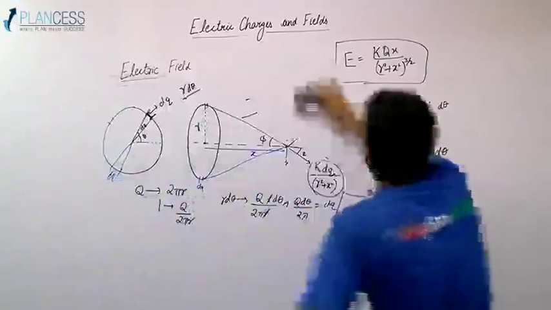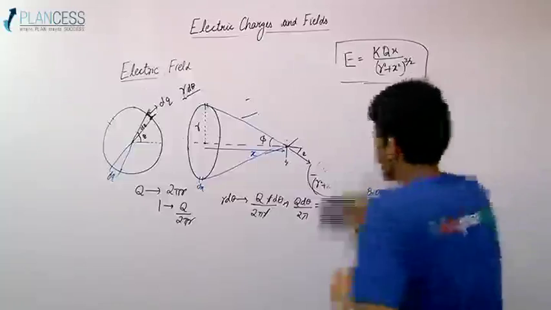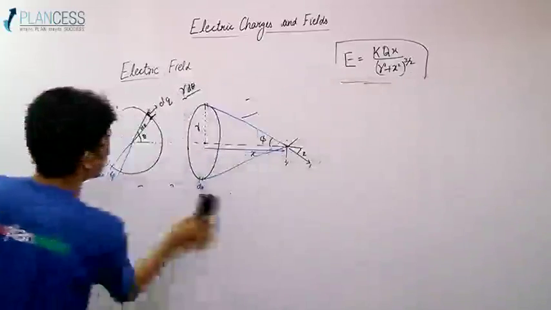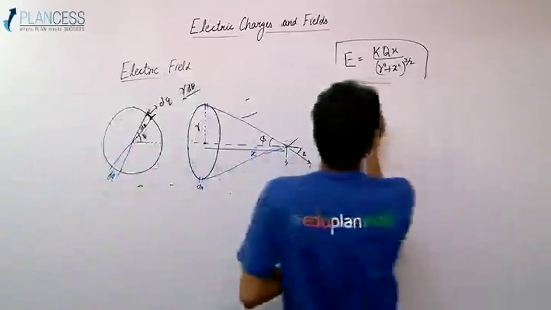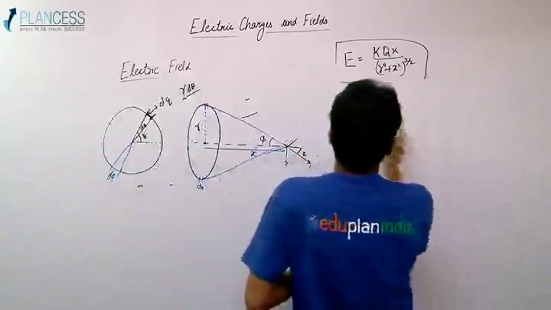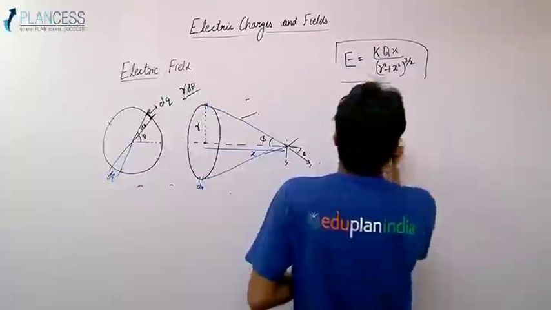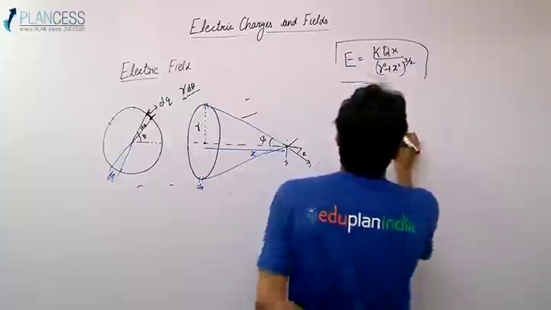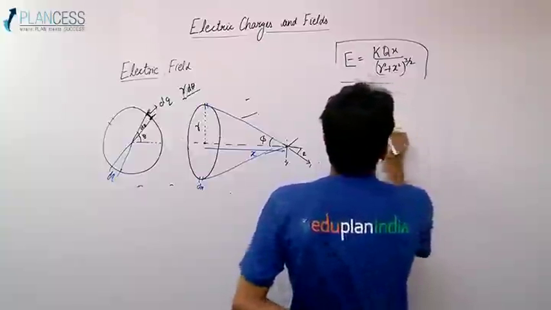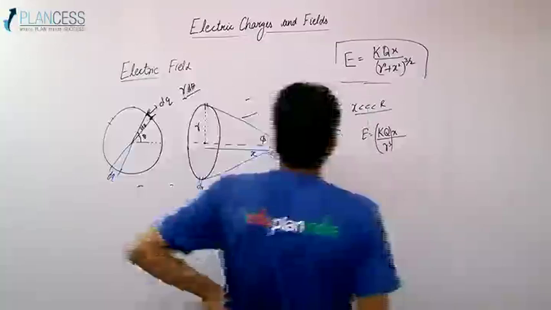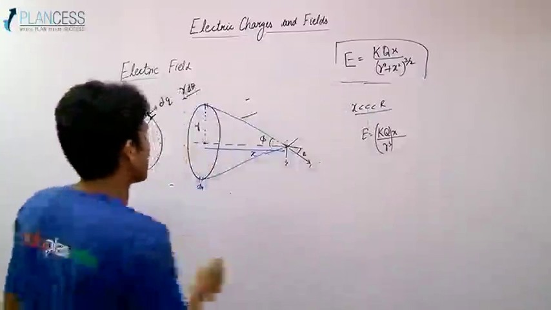So let us skip the whole proof of this formula. Then E would come out to be k q x upon r cube.